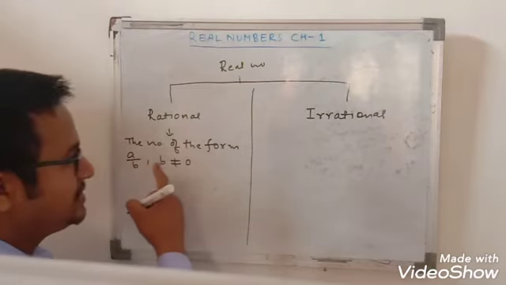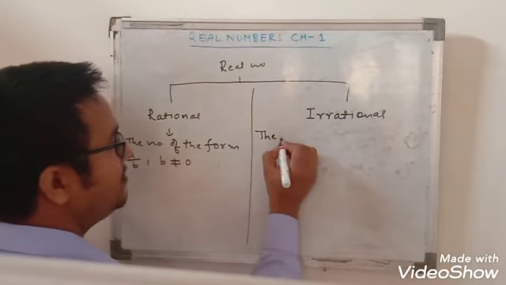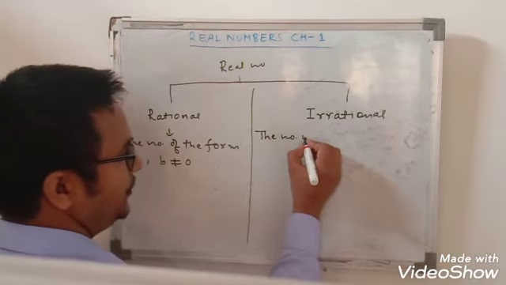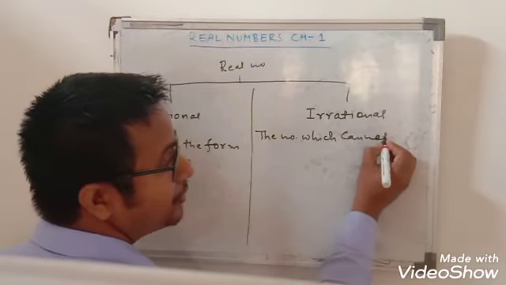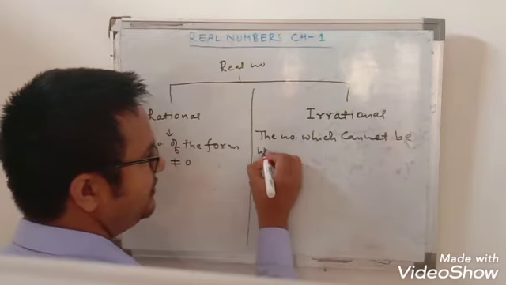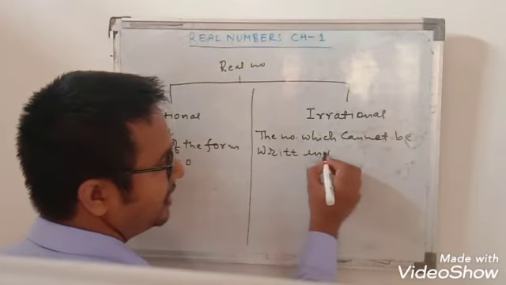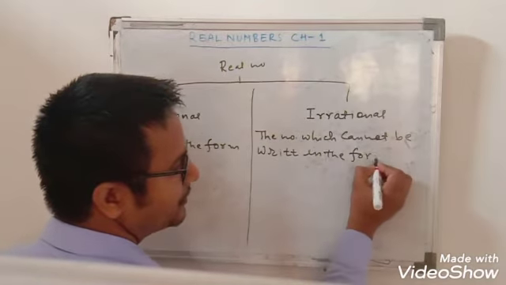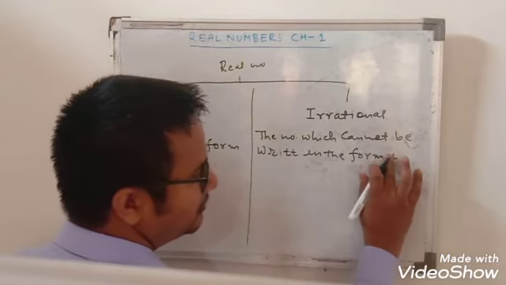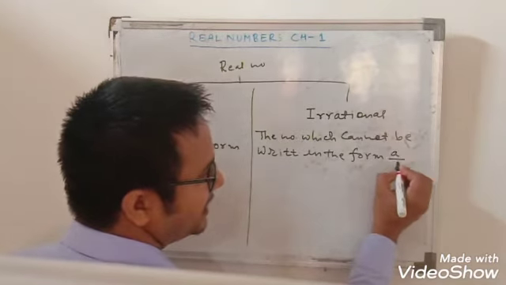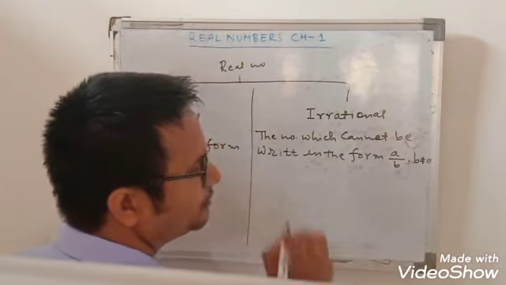Same way, irrational number, just the negative of this, means the number which cannot be written in the form A by B, where B is not equal to 0.